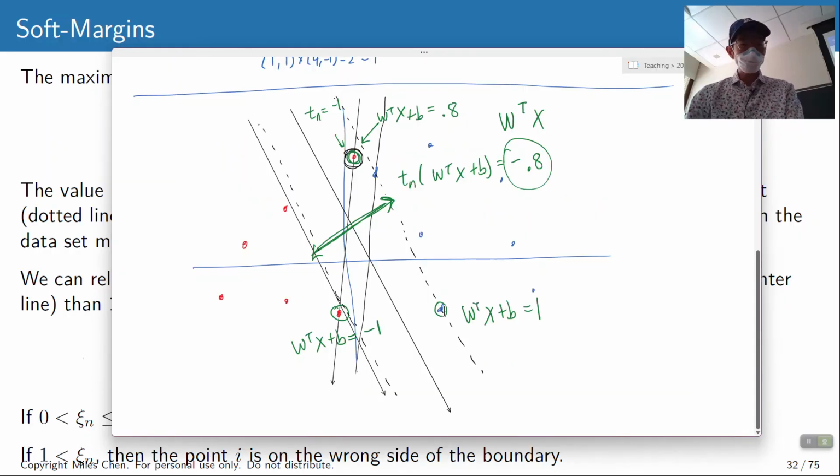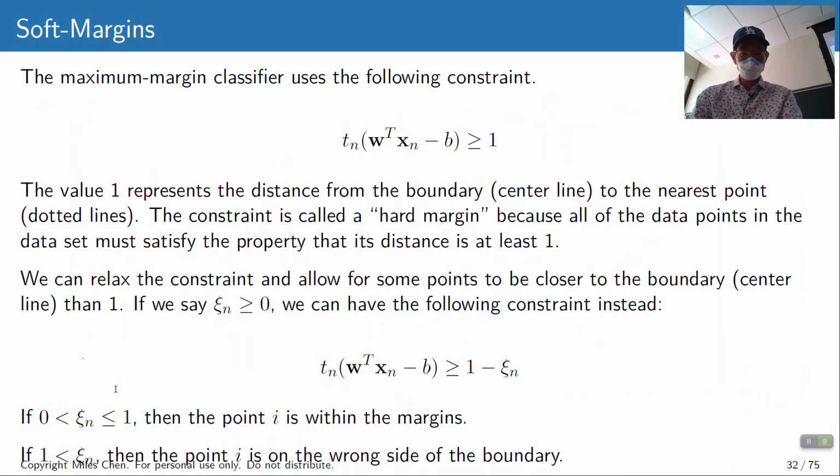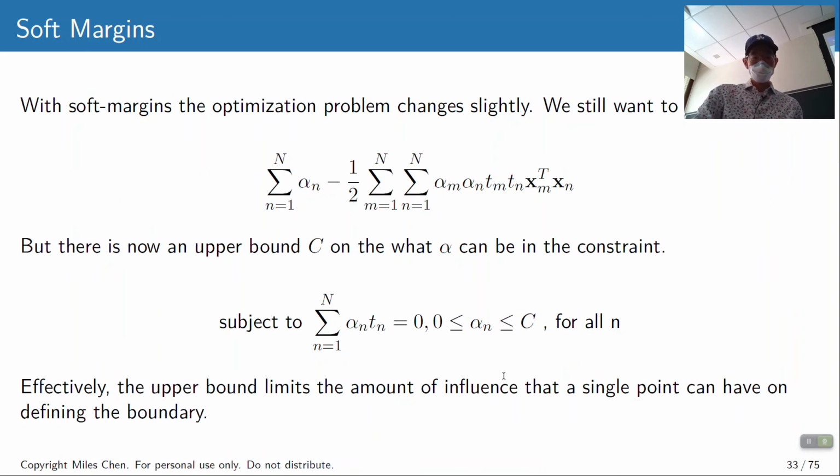So by including this, it allows for points to end up within the margin or even on the wrong side of the boundary. Our optimization problem now is going to be equal to this, and what's happening is that we're putting an upper limit on what alpha can be.